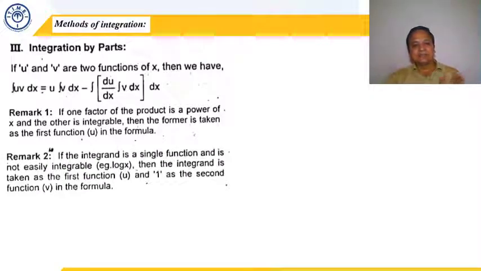If the integrand is a single function and is not easily integrable, for example log x, then the integrand is taken as the first function u and 1 as the second function v in the formula.